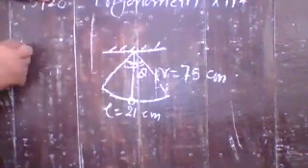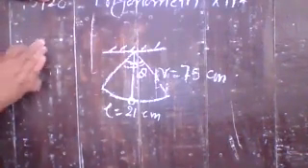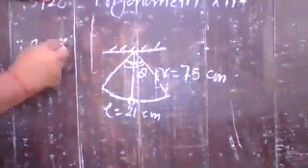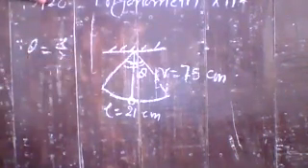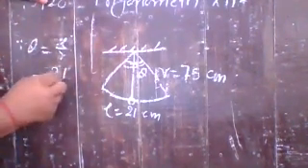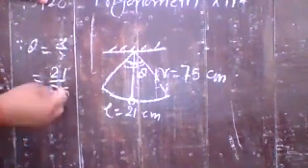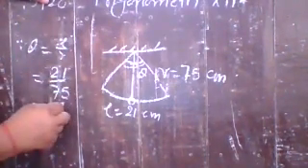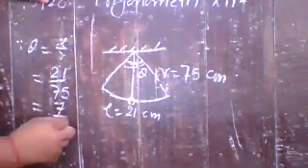So yes, applying the formula here, theta is equal to L upon R. Put its value. So that is 21 upon 75. It will cancel out by 3. So 3 7s are 21, and here you have 25.